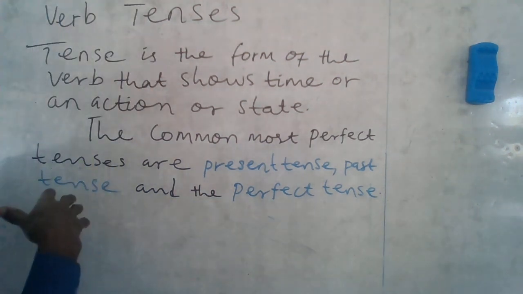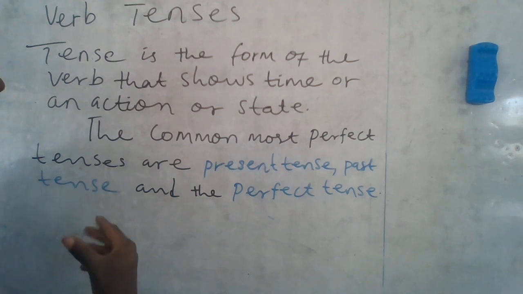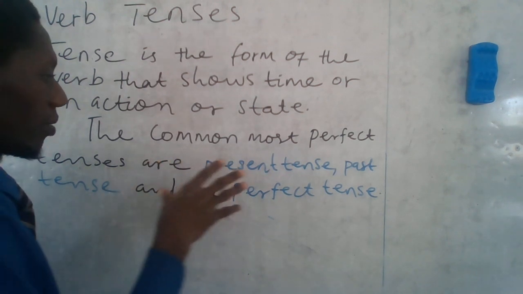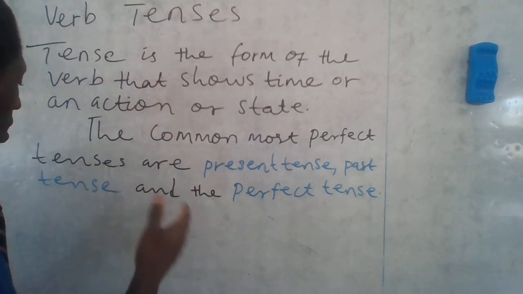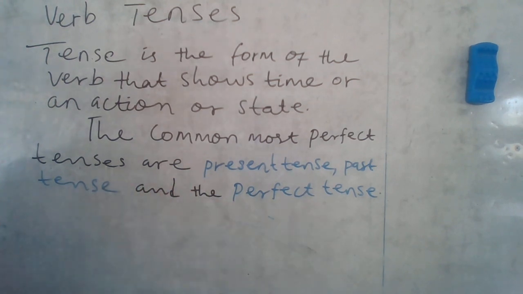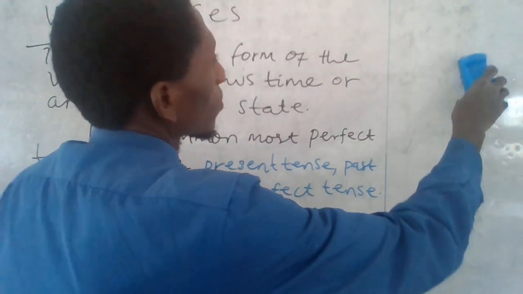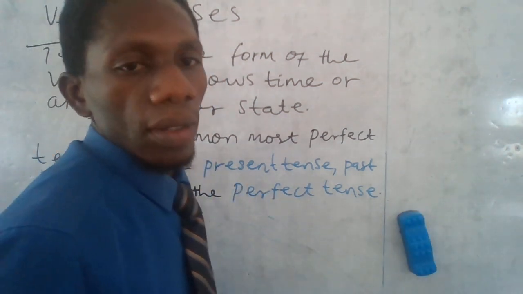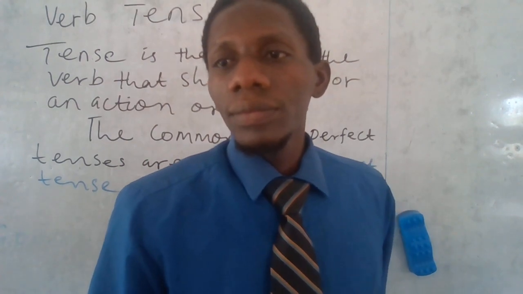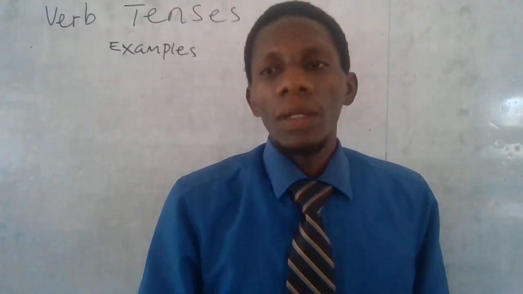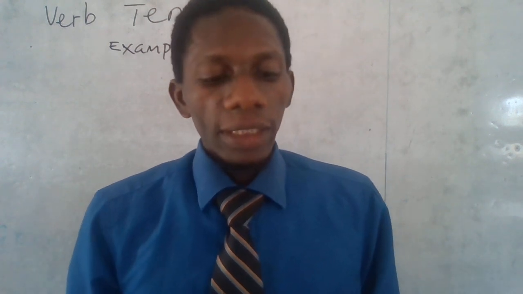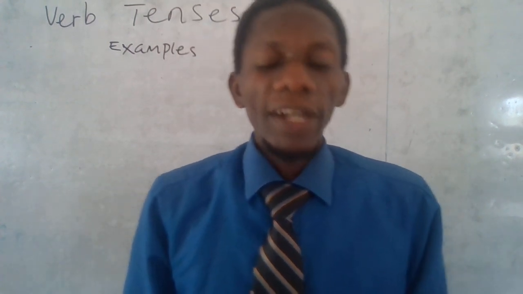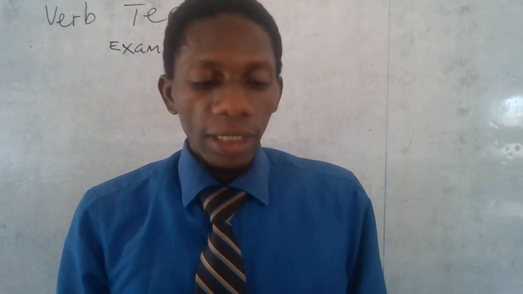All right, so let's see how we can make use of this present tense, perfect tense, and then the past tense. So common tenses are the present tense, the perfect tense, and the past tense.